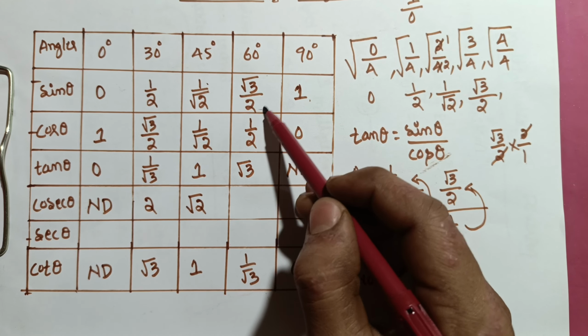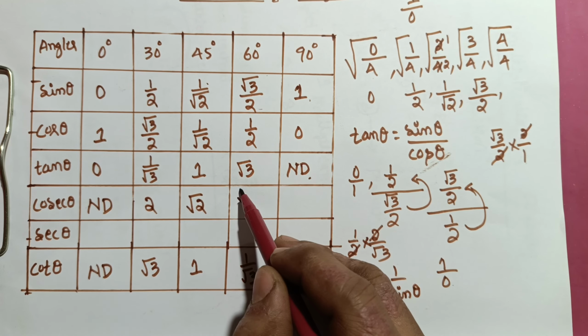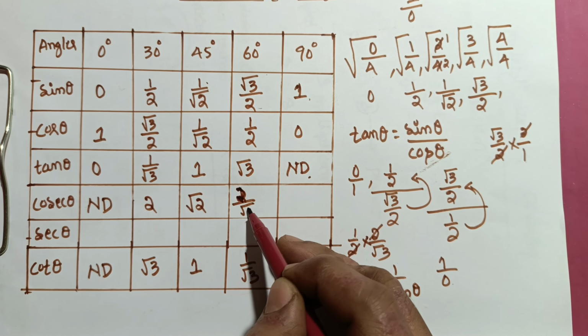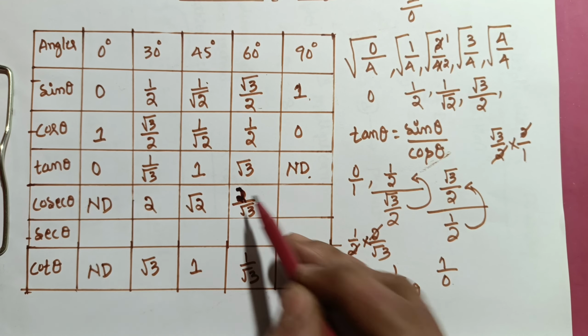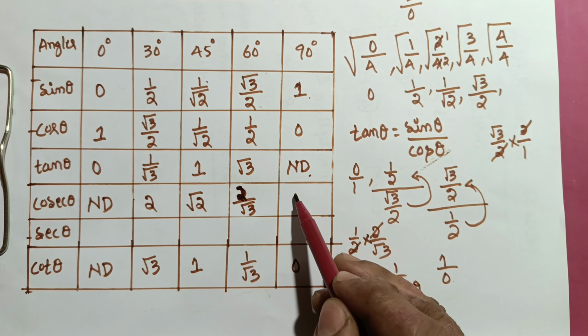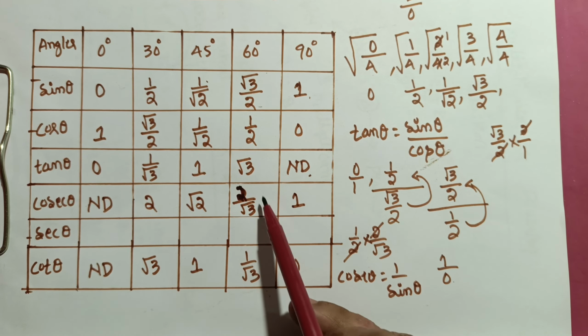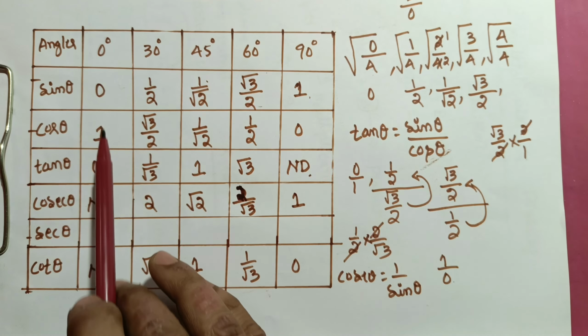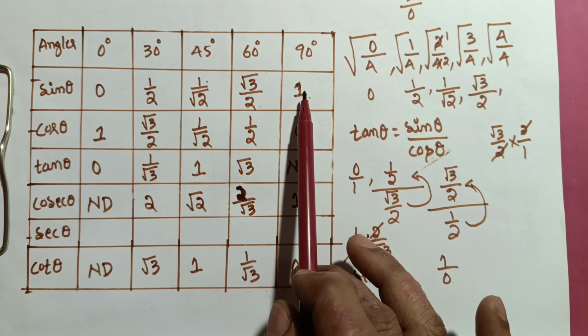Root 3 by 2, if you take the reciprocal, it is going to be 2 divided by root 3, so 2 by root 3. 1 by 1 is going to be 1. So you change the numerator to denominator and denominator to numerator for all the sine values.